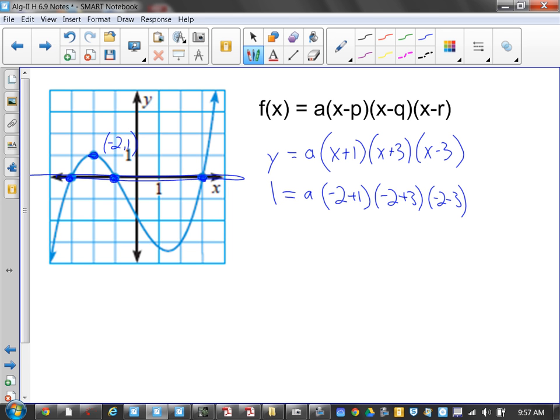Positive 5. So 1 equals 5a, so a is 1/5.